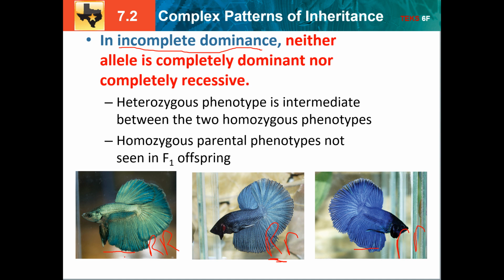So in this example, if this was codominance instead of incomplete dominance, instead of the heterozygote being this silvery color, it would have patches almost like a calico cat, where this patch right here might be green, this patch right here might be blue, and so on and so forth, where different portions of the fish would express one color versus the other.